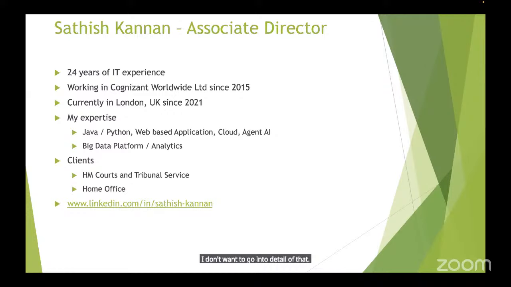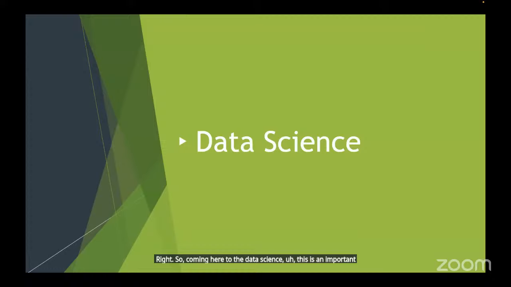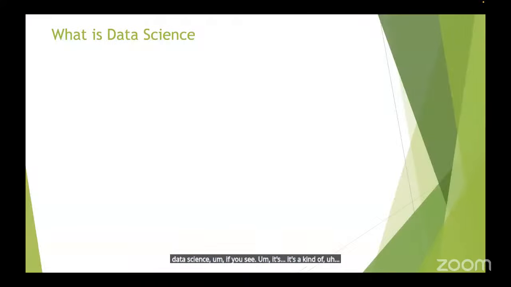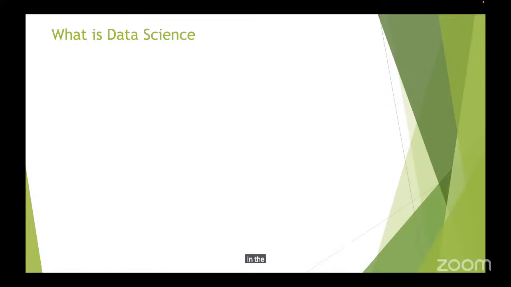Right. So coming into data science, this is an important topic which we are going to understand for the next 30-40 minutes. The necessity came when digitization started in 2000, we have been generating a lot of data in the database.